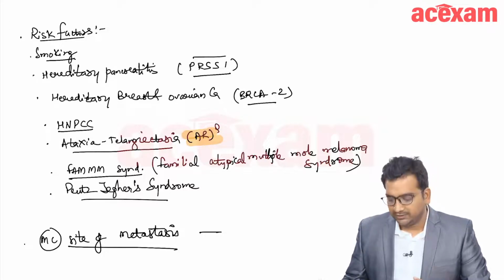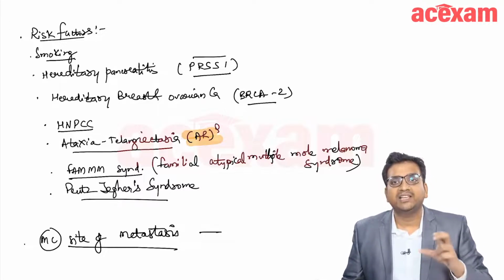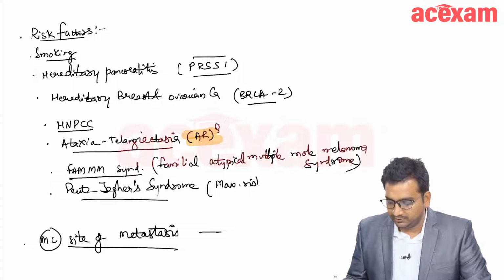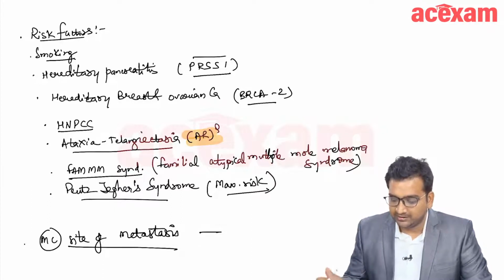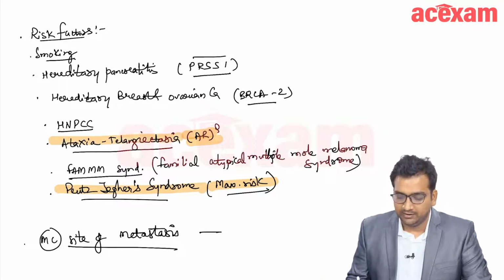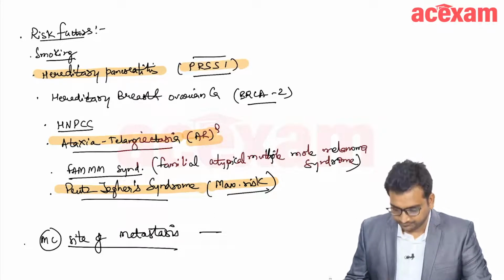Now there is another question. Out of all of these, the maximum risk of CA pancreas is associated with Peutz-Jeghers syndrome. Ataxia telangiectasia is autosomal recessive. Hereditary pancreatitis occurs because of the PRSS1 gene.